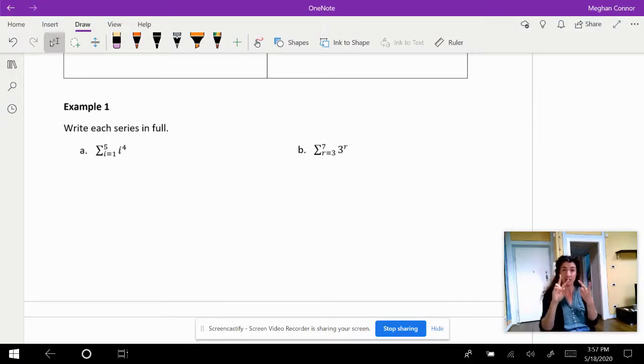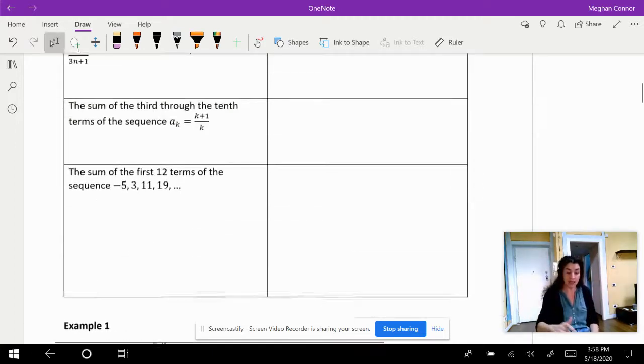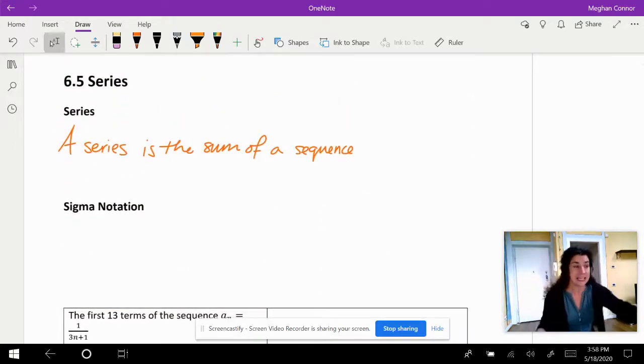Remember how sometimes the signs flipped where it was a positive term and then a negative term and then a positive term and then a negative term. So in that case, the series of that would be the sum and then the difference and then the sum and then the difference. So there's a lot of different ways that it can be applied, but that's pretty much it in terms of what it is as a thing.